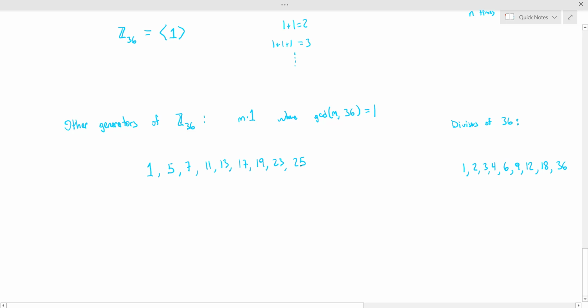Okay, so 25, its divisors are basically 1, 5, and itself. None of those are divisors of 36. So 25 and 36 are relatively prime.